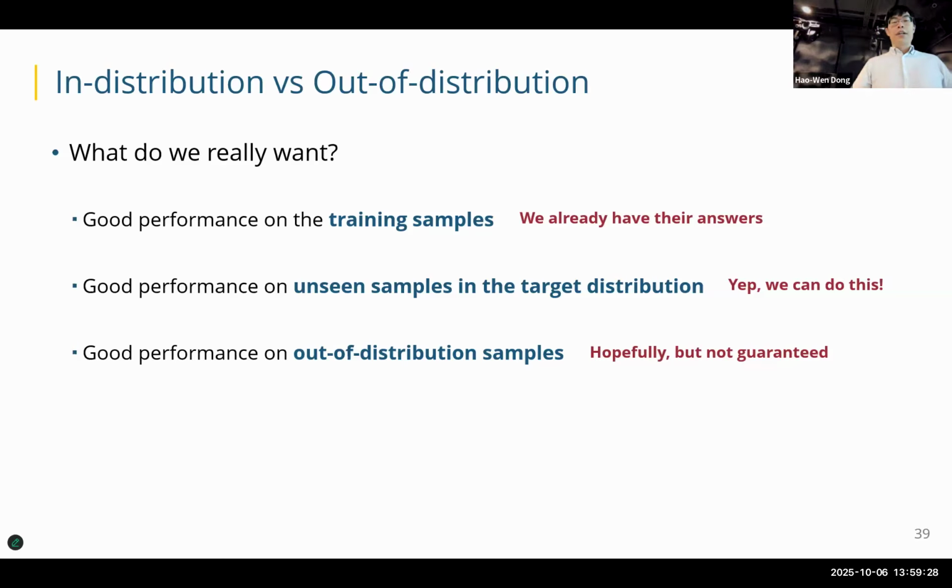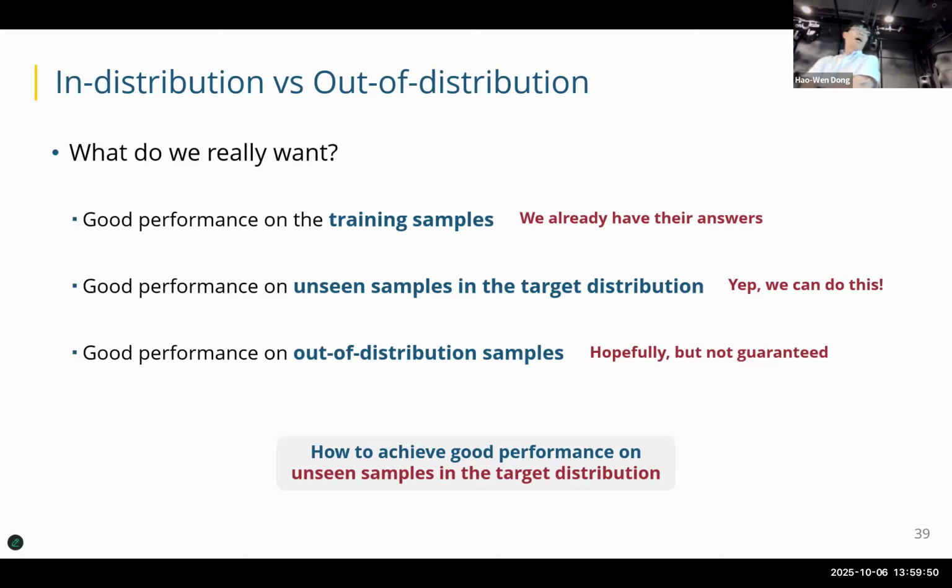But out of distribution generalizability is not always guaranteed, but hopefully we can do something better than just in distribution training. There's also some way you can try to generalize out of distribution, especially when you introduce some prior knowledge to help guide your model.